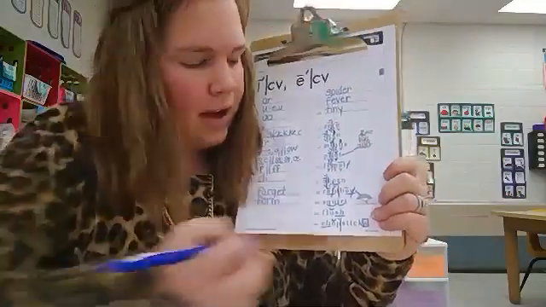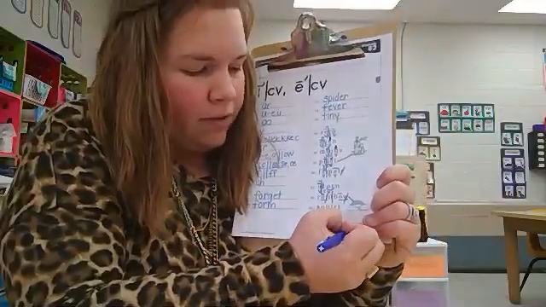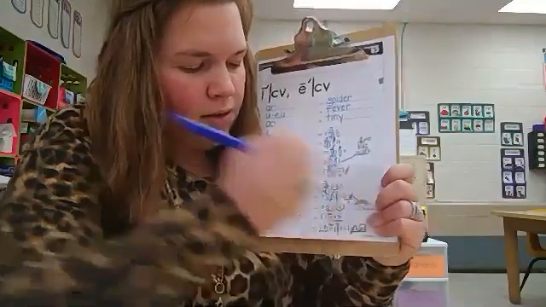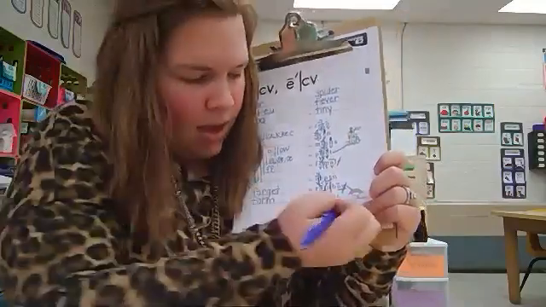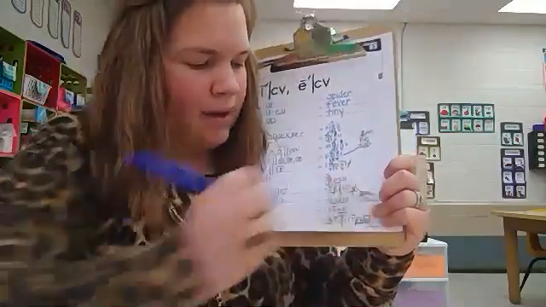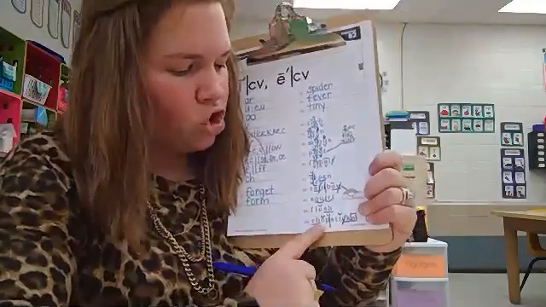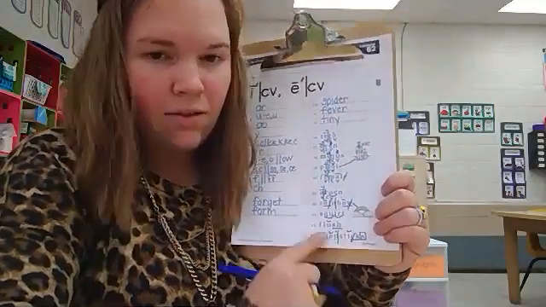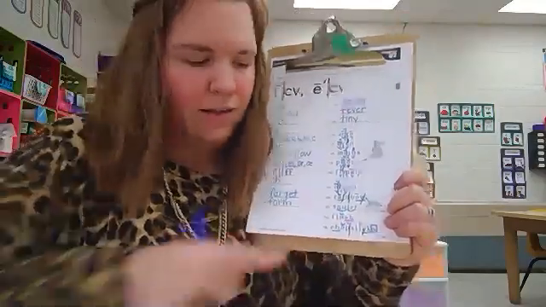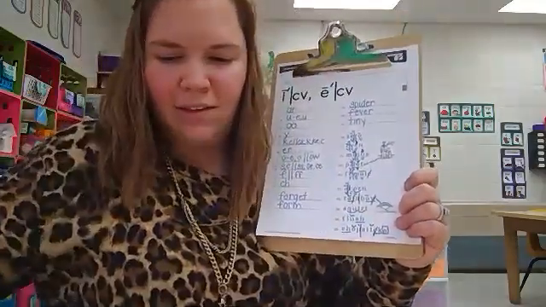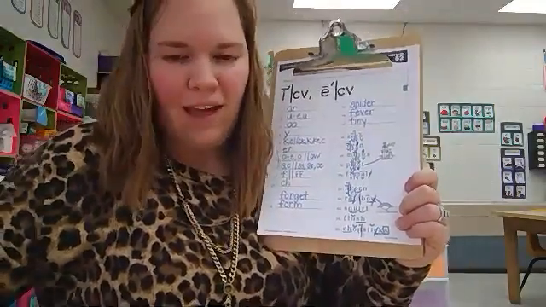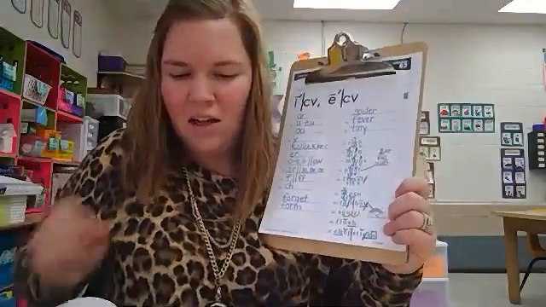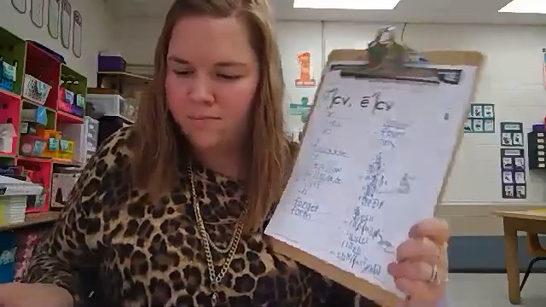And in the final word, digraph CK needs underlined, cross out the C, and breve above this I. So the first word was chop. The second word is stick. So when we read it all together, it says chopsticks. Chopsticks. Very good.